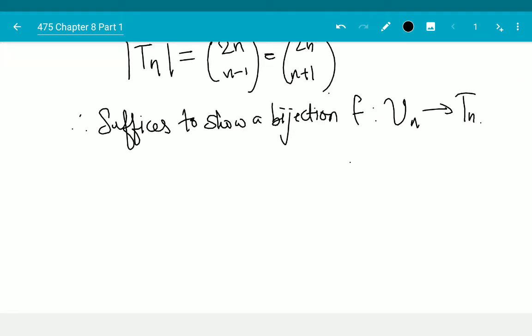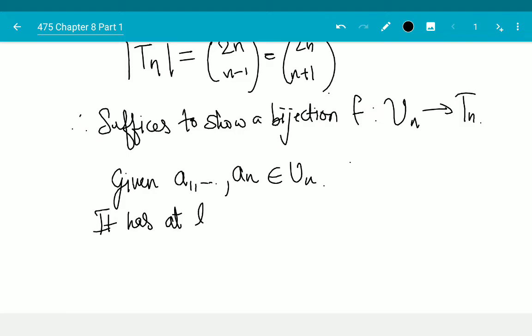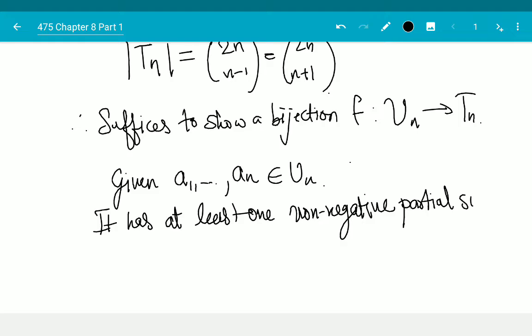Now, given a permutation a_1 to a_2n in U_n, it has at least one non-negative partial sum, right?